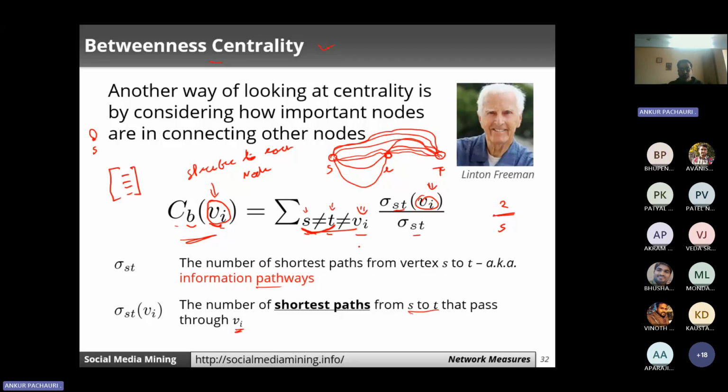So Vi should not be the source and Vi should not be the destination, and source and destination should also not be the same. This is the mathematical interpretation of this expression.